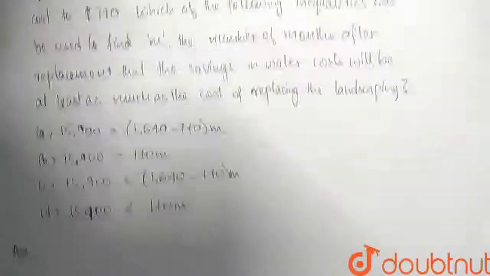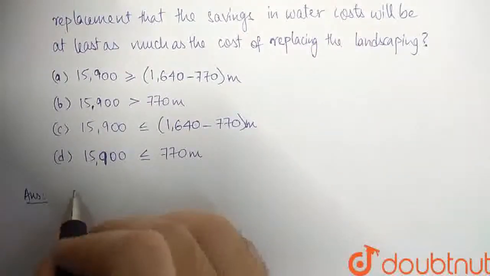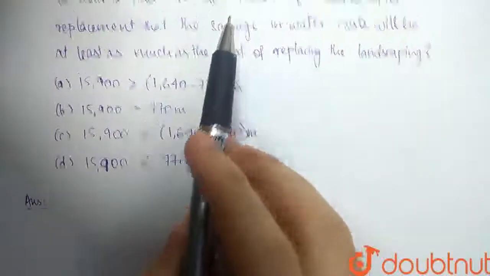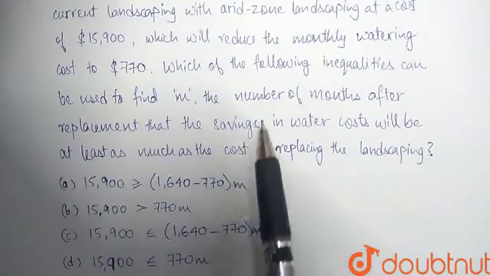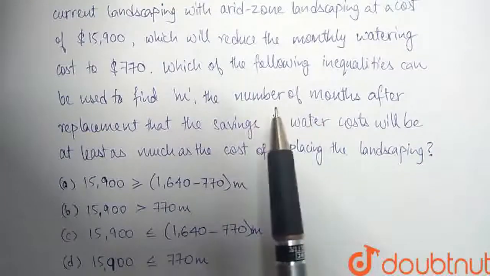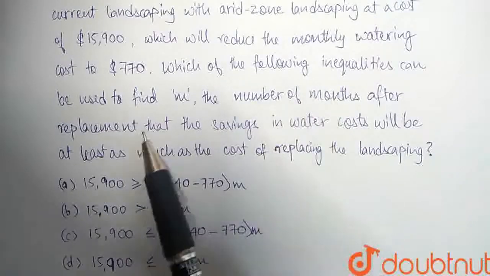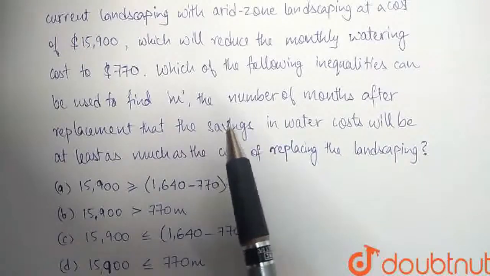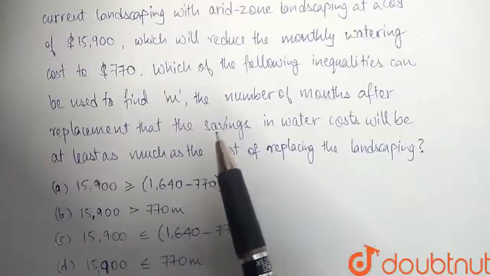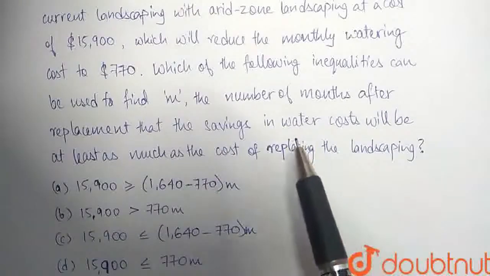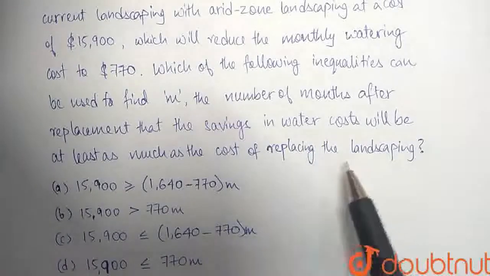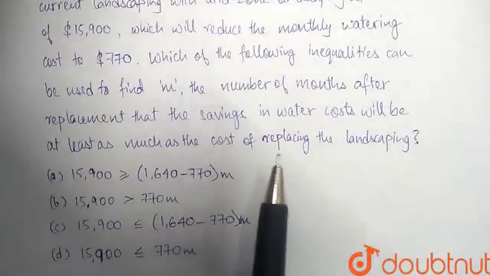Right. So in the inequality which is required, we have two sides. The first side, the left side, we can say, would be the amount saved, and the right-hand side would be the cost of replacing the landscaping, or vice versa, any side.